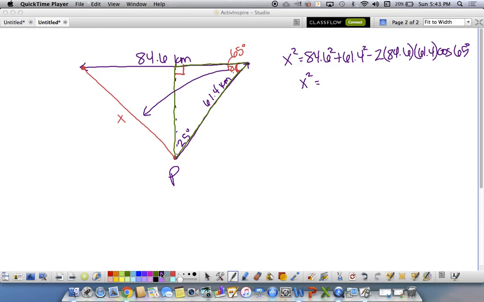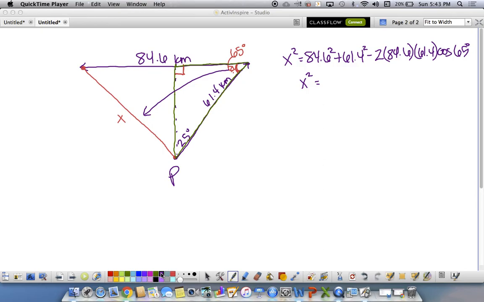Now I've got to plug all that in my calculator. 84.6 squared plus 61.4 squared minus 2 times 84.6 times 61.4 times cosine of 65 degrees.